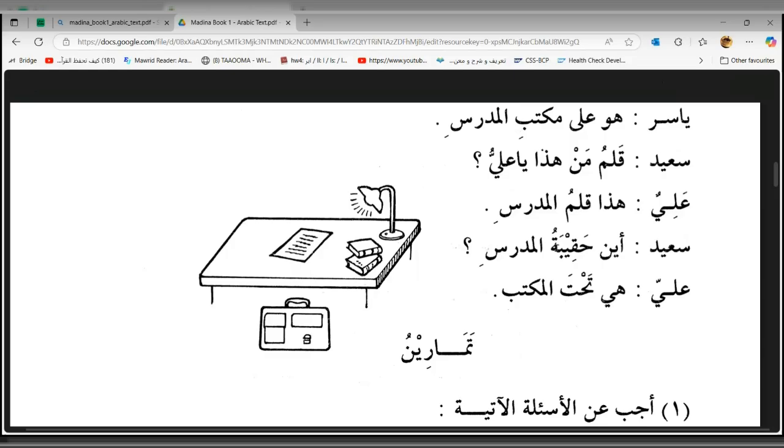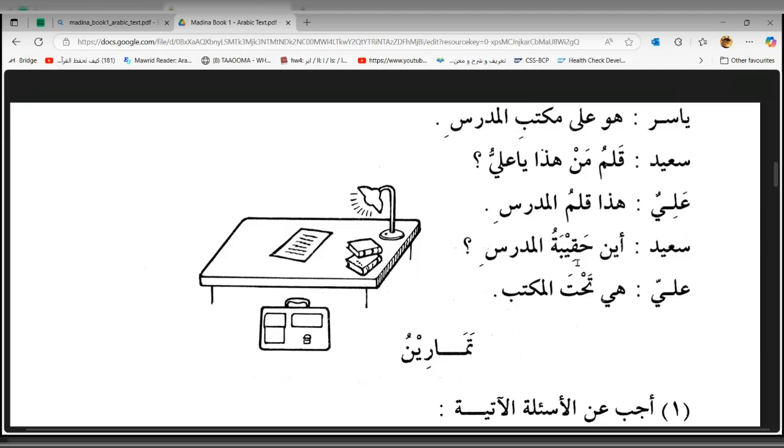So there are two kinds of ta. There's ta maftuha, open ta, and then there's ta marbuta, the closed one. You see, it's written like a ha, but with the two dots of ta on top. Ta maftuha is the regular ta that's open. So that's why when you stop on ta marbuta, it becomes a ha.